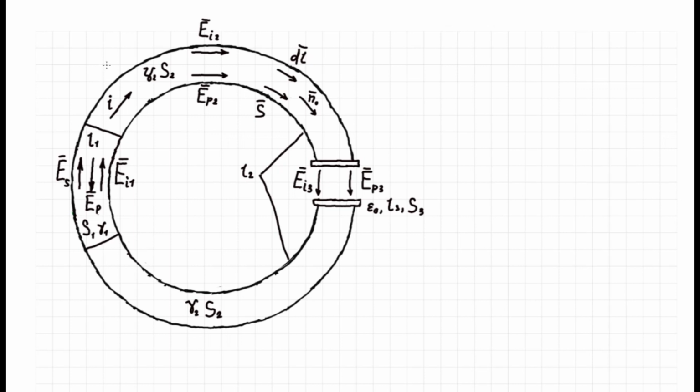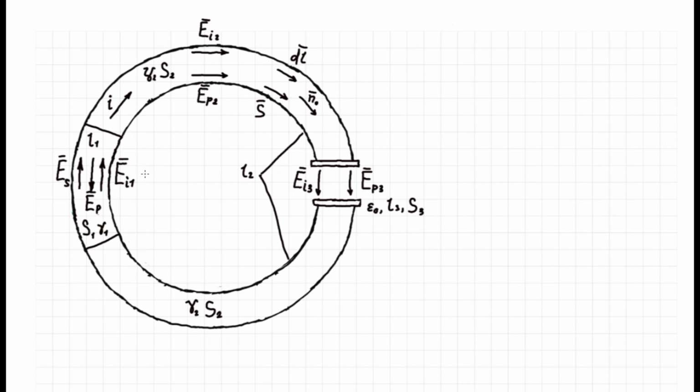For doing it, let's look at this picture. This picture is a simple circuit, consisting of an electromotive source with alternating current.